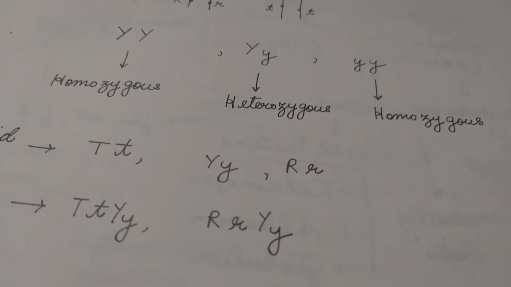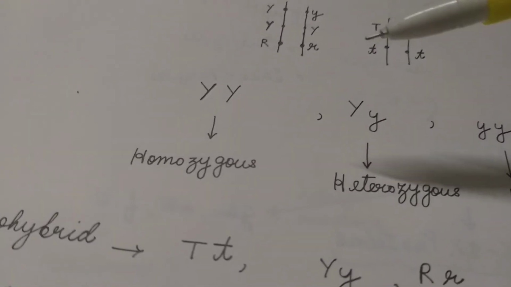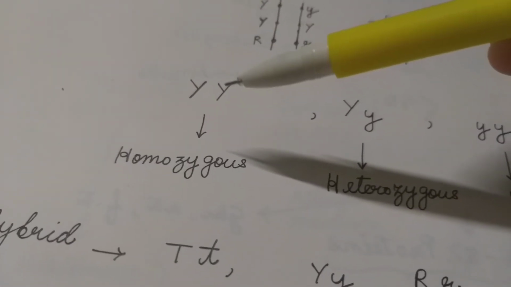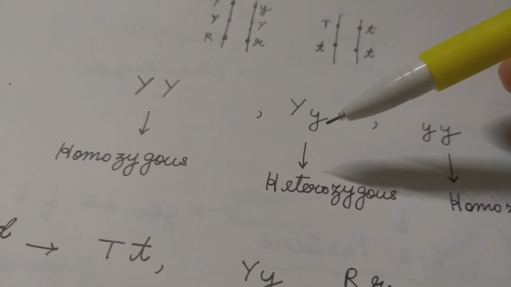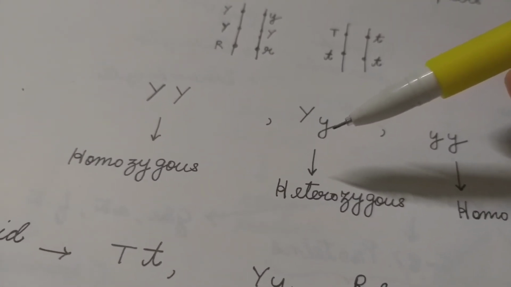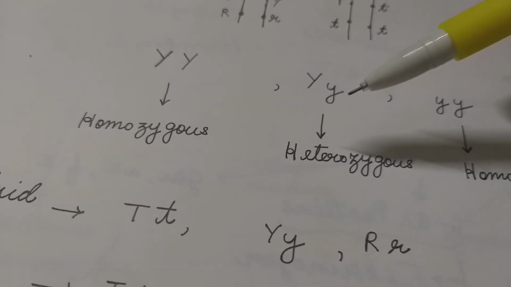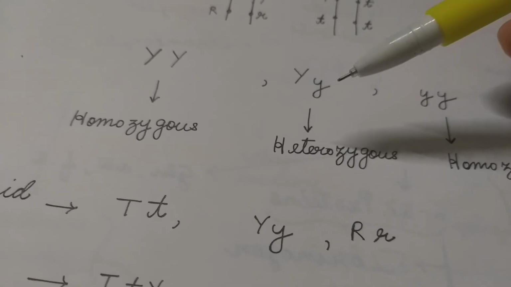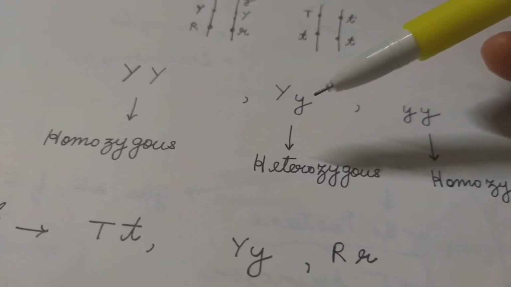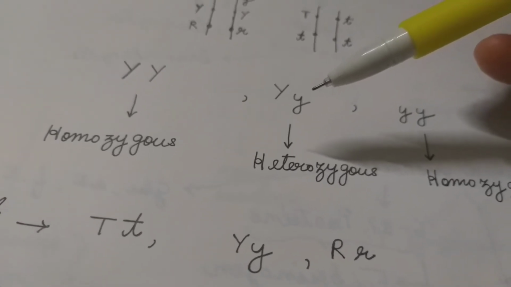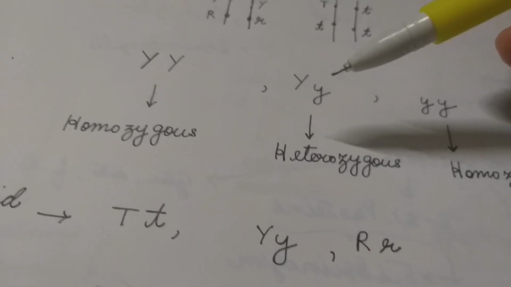And by a single letter, we can represent the gametes, because these two letters are actually a pair of alleles. The two letters are actually a pair of alleles which occur in paired chromosomes. And when from a diploid organism, gametes are formed by meiosis, chromosomes become unpaired.